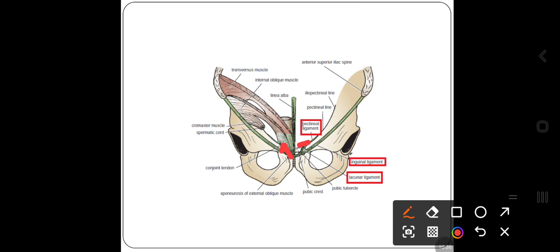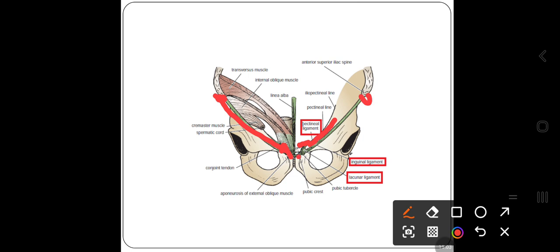These lacunar ligaments, the fibers here, extend superiorly along the pectineal line to form pectineal ligaments. So again, here is the inguinal ligament. What is the inguinal ligament? Lower free margin of external oblique, which extends between the anterior superior iliac spine and symphysis pubis.